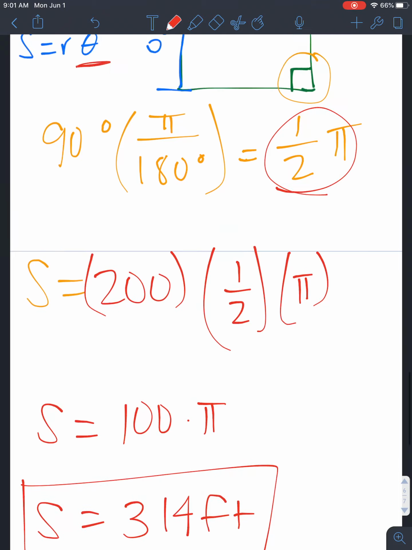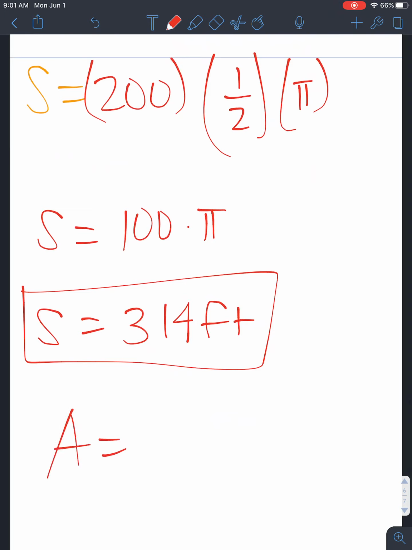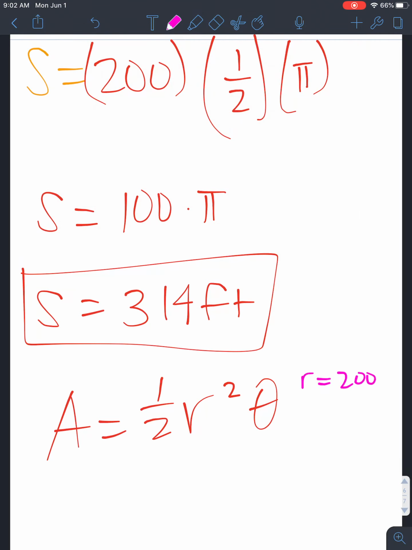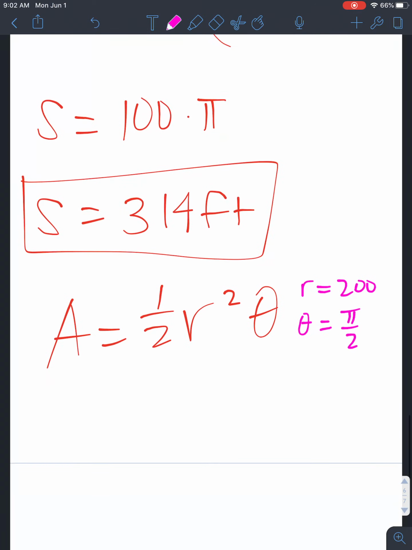So now we're going to go ahead and find the area of this sector. We know that the area is 1/2 R squared theta. We said that R was 200, and we said that theta was 1/2 pi or pi over 2.